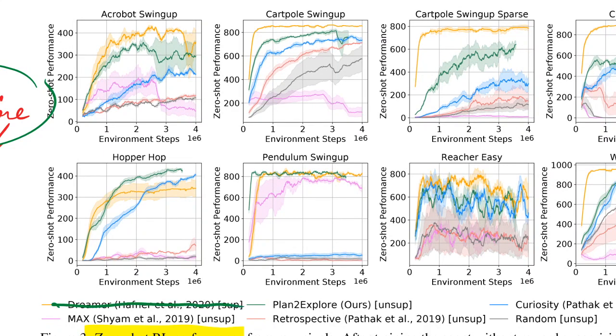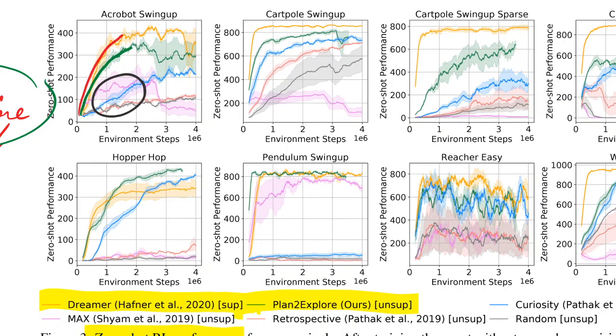And Dreamer is a fully supervised method. Dreamer is actually cheating. Dreamer actually goes after the reward. And all the other methods here, they don't have a reward, and they're just zero-shot offline reinforcement learning generalized to these methods. And you see the green is the plan to explore, and that outperforms almost all the other methods right here, down here, and even comes close to the Dreamer that goes up here.